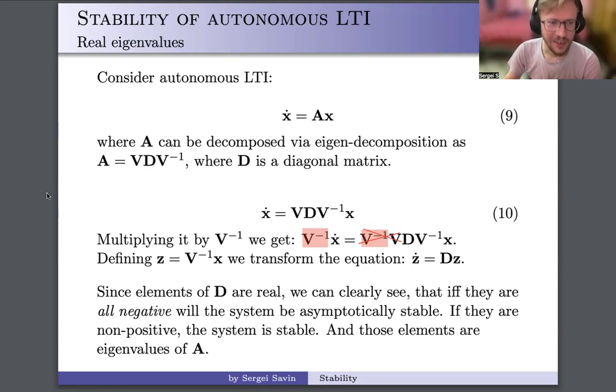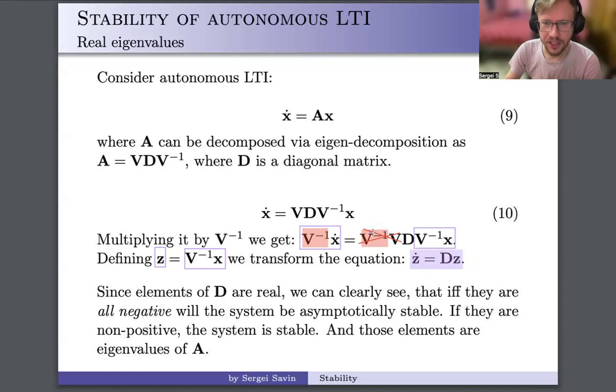Now, second trick, we introduce a new variable, Z. Z is equal to V inverse X. So now this is Z dot, and this is Z. With that, the whole equation becomes Z dot equals D times Z. You see what I did, right?